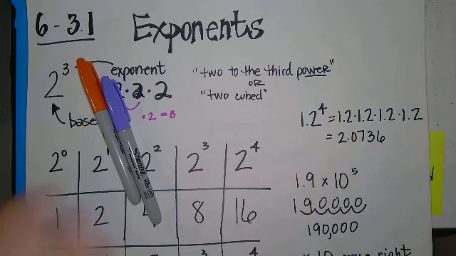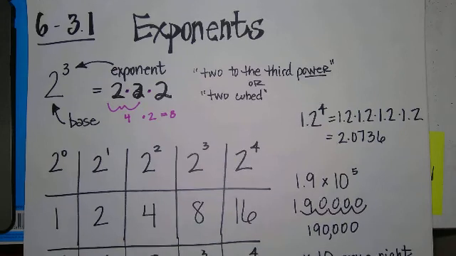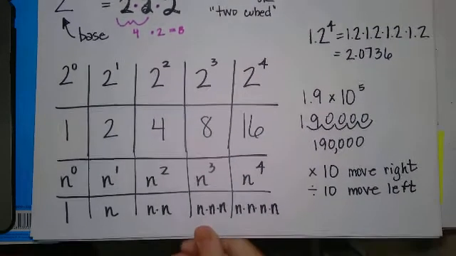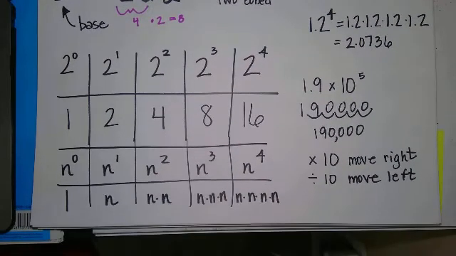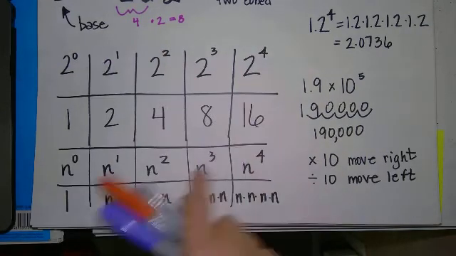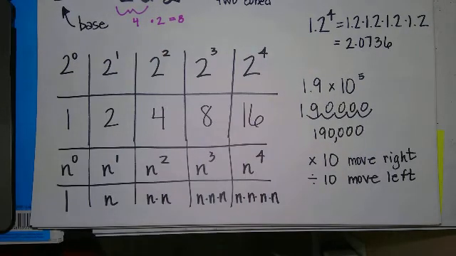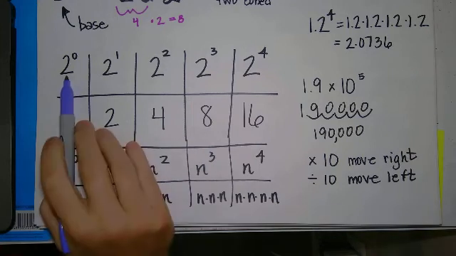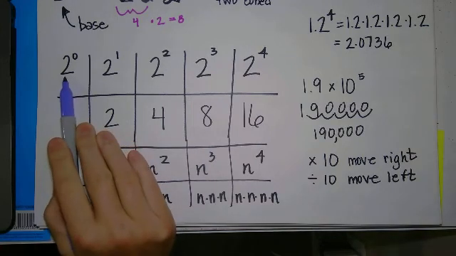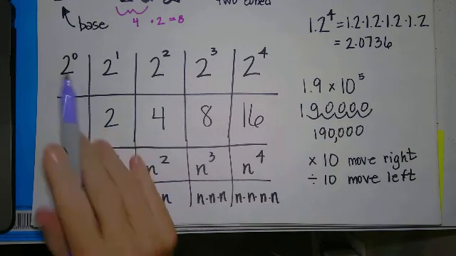All right, so I want you to make sure you get this next part in your notebook. If you aren't already doing so, please make sure you have that out, because I want you to notate this table of values. So what you're seeing here is our 2 base to various exponents.